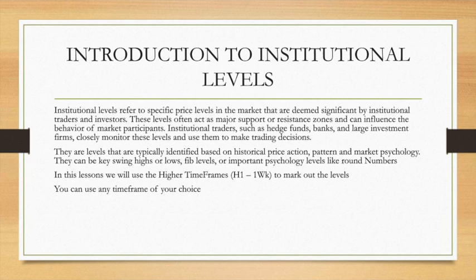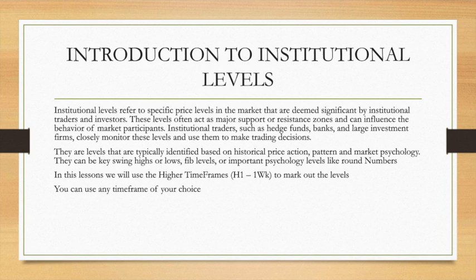So you have to monitor these areas. I'll take notes and mark them out. But it doesn't mean we have to place limit orders on them or anything. We just have to watch how price reacts there and make our trading decisions. These levels are typically identified based on historical price action patterns and market psychology.